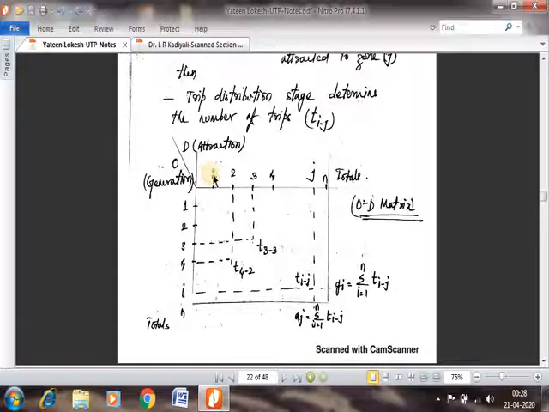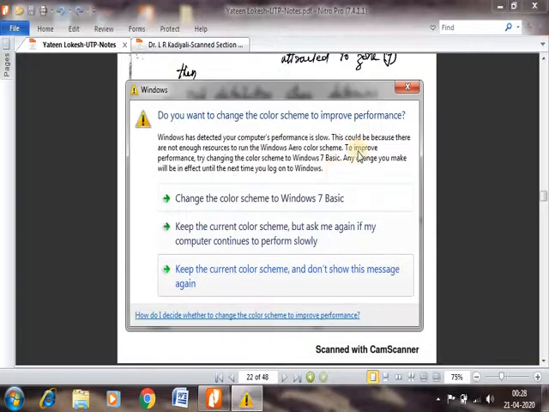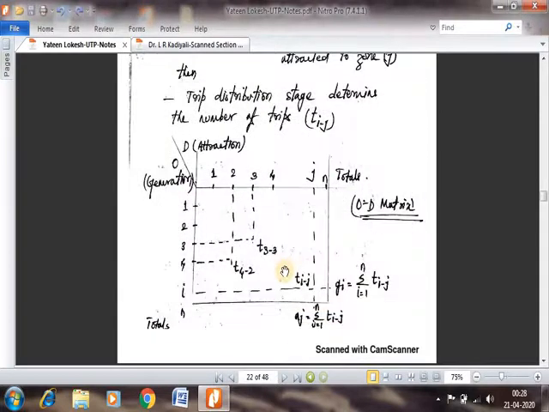Similarly, along the x-axis we have the attraction zones, zone 1, zone 2, zone 3, zone 4, so on till zone j. It might go till n as well. Whatever contents we show within this matrix is denoted as the OD matrix.